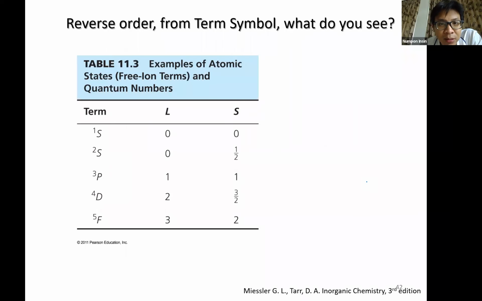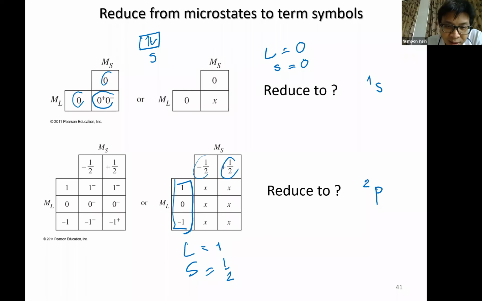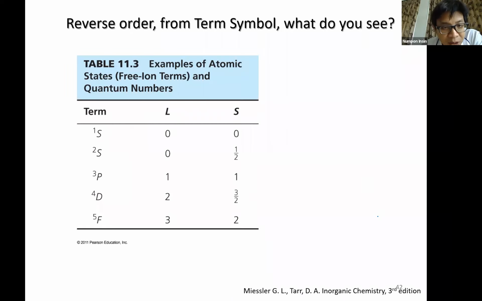Okay. So if I ask you back, these 6 microstates can be reduced to this term. You can do it backward. For example, for the doublet S, you know that S means L equal to 0. So it means you have only one ML equal to 0.